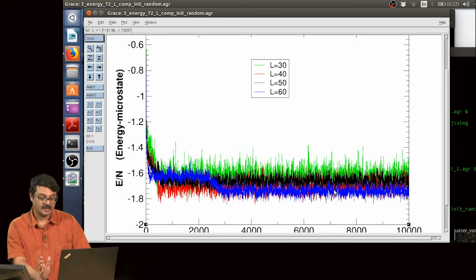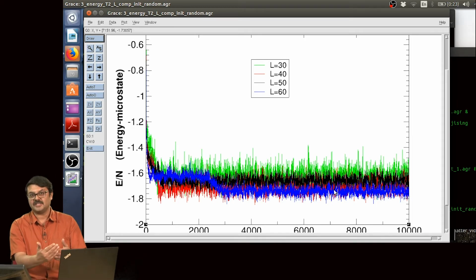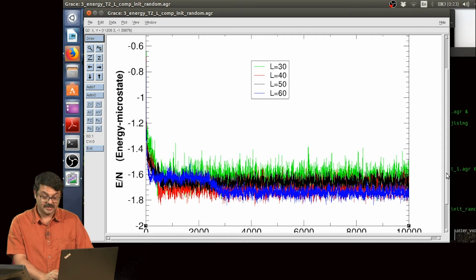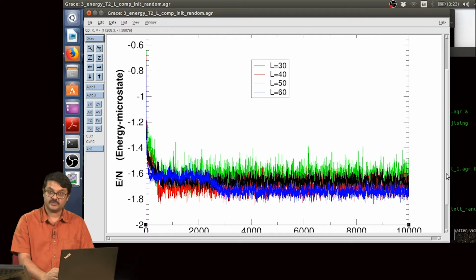Question is why? We are talking about the same system. On average at temperature T equal to 2, an equal number of spins should be pointing up or down, and it should not depend upon the lattice size, but there are lattice size artifacts, and we will discuss this in future, and we discussed that in the past.